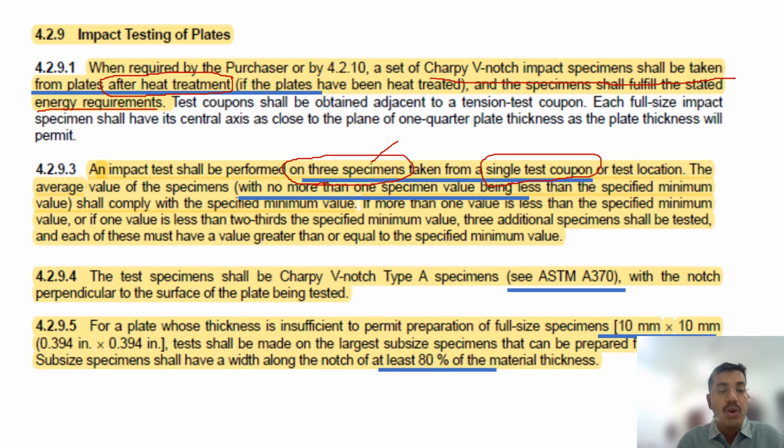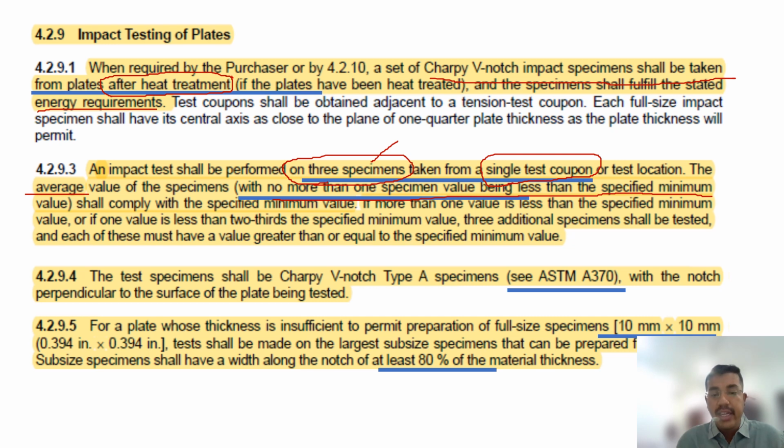The average value of the specimens, let's say one is 20, one is 30, one is 40. So average is 40 plus 30 plus 20 divided by 3. So the average value of the specimens, with no more than one specimen value being less than the minimum value. What is it saying? With no more than one specimen value being less than the specified.